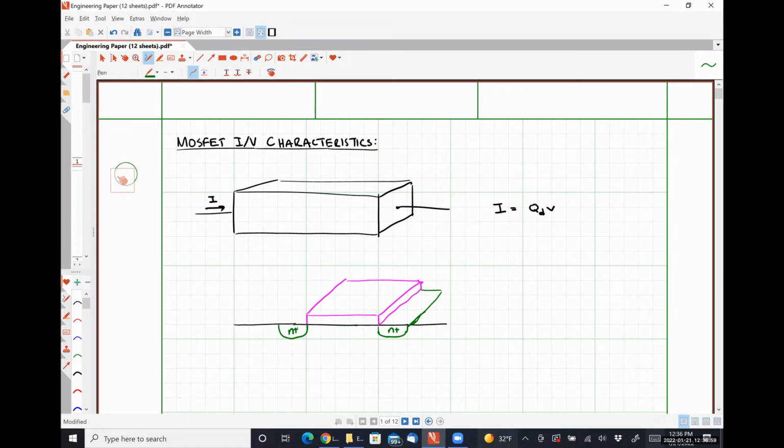This region here is our source. And over here is our body connection.